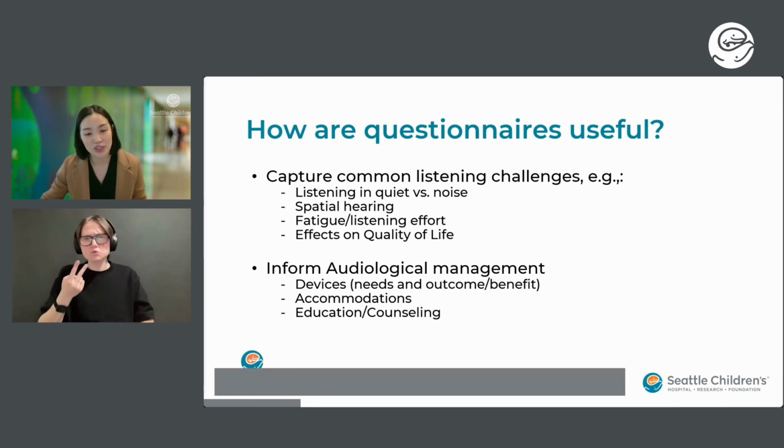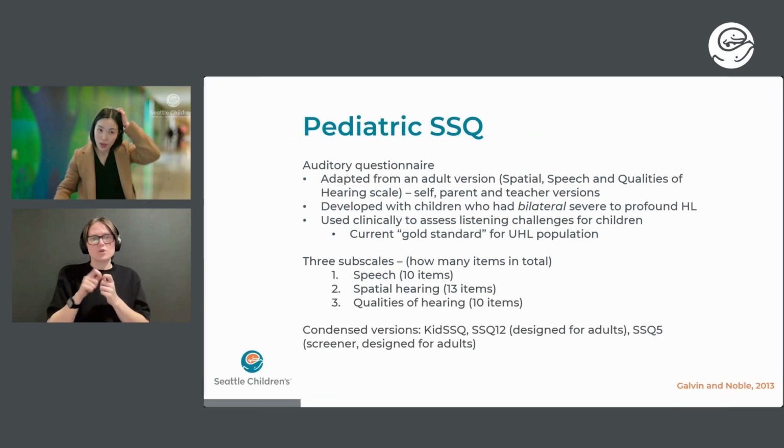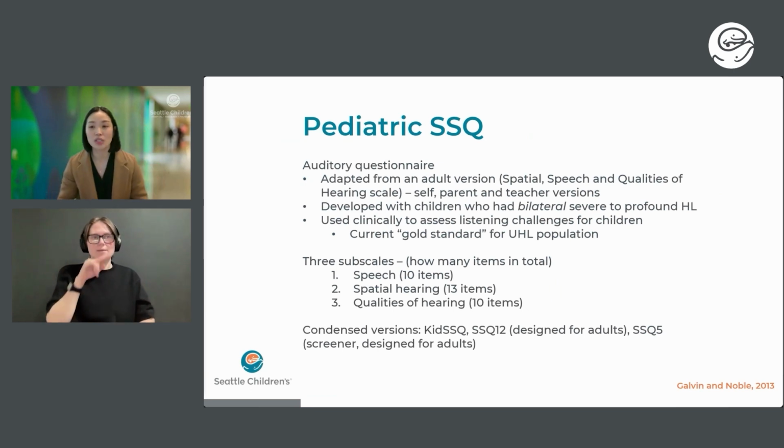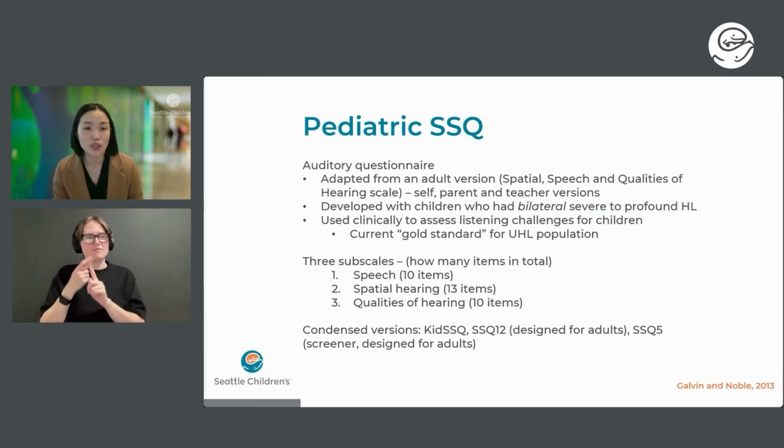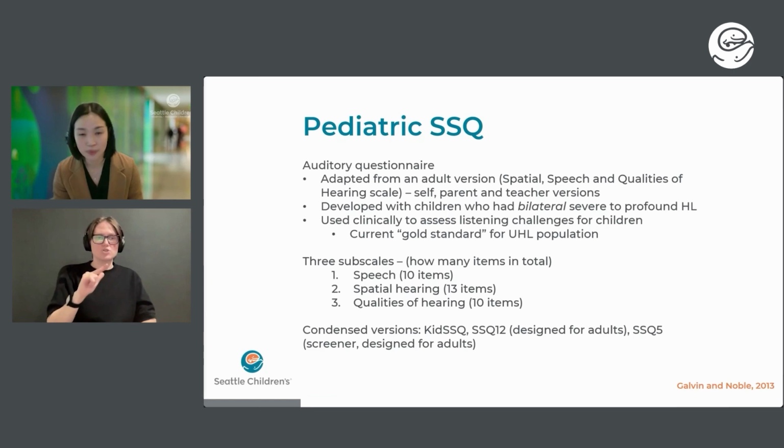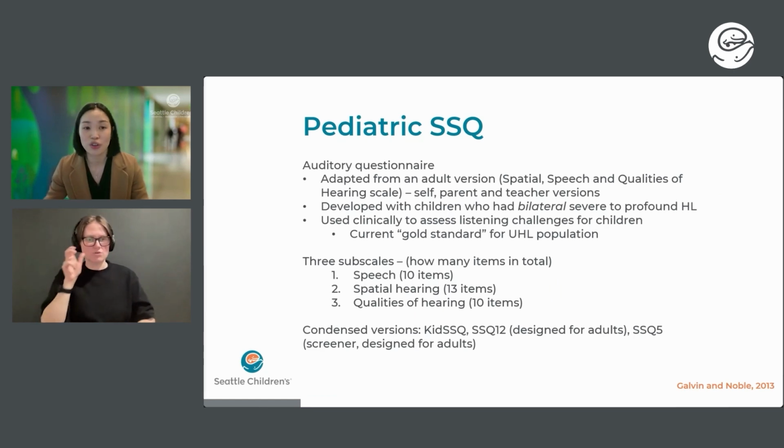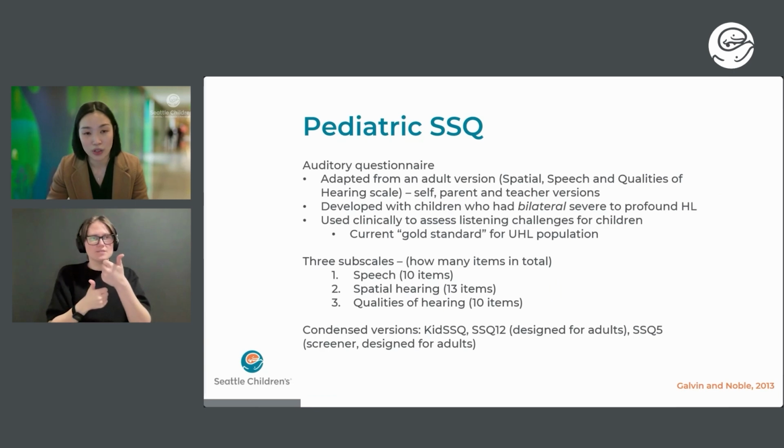So we'll be talking about 2-3 questionnaires in this particular presentation. We'll start with the SSQ. The Pediatric SSQ is an auditory questionnaire, and it was adapted from an adult version. The SSQ stands for Spatial, Speech, and Qualities of Hearing Scale. For the pediatric version, there are 3 subtypes: the self-completed, the parent-completed, and the teacher-completed version.